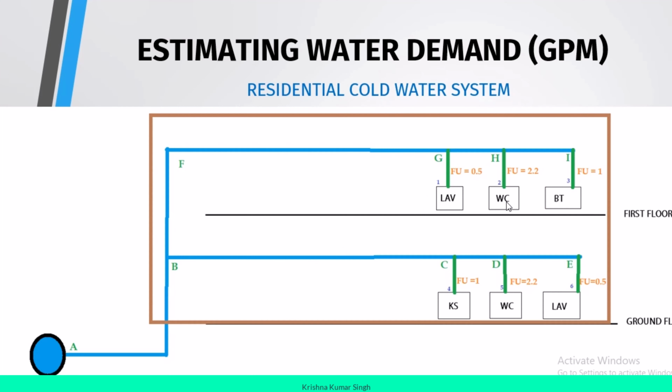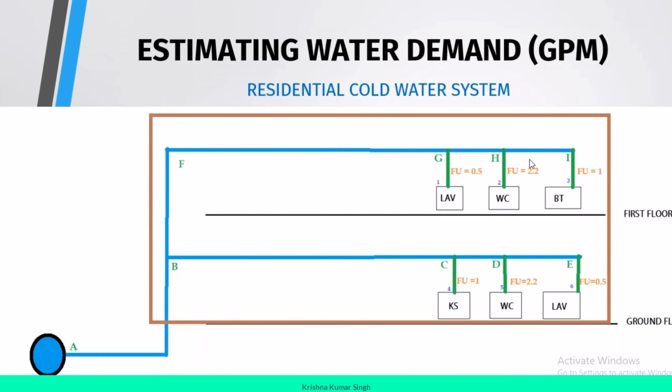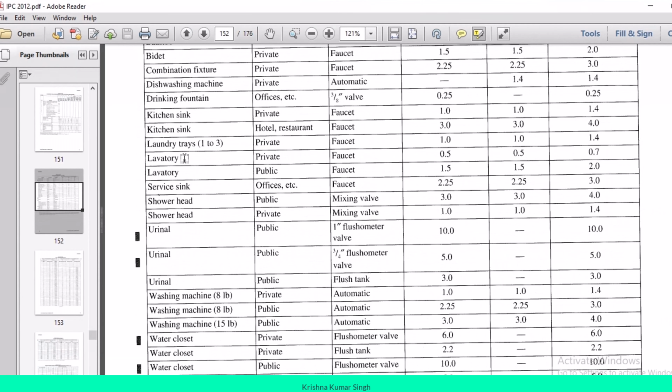Now for water closets, I am using a tank type water closet, so the value is 2.2. How? Go towards the water closet section. Water closet, tank type, private, the cold value is 2.2. Now I write it down over here. For lavatory, cold water supply, let's go back towards the lavatory section.